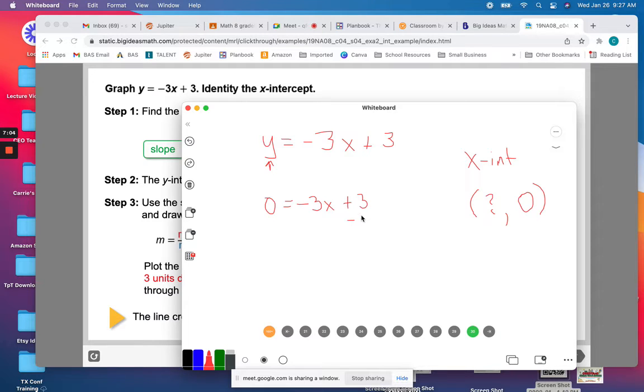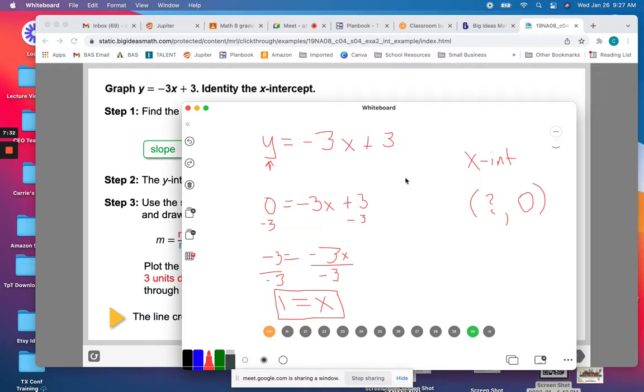So I get -3 equals -3x. And then to get x by itself, I just divide by -3. What is -3 divided by -3? 1. So you can see I got the exact same answer without graphing.